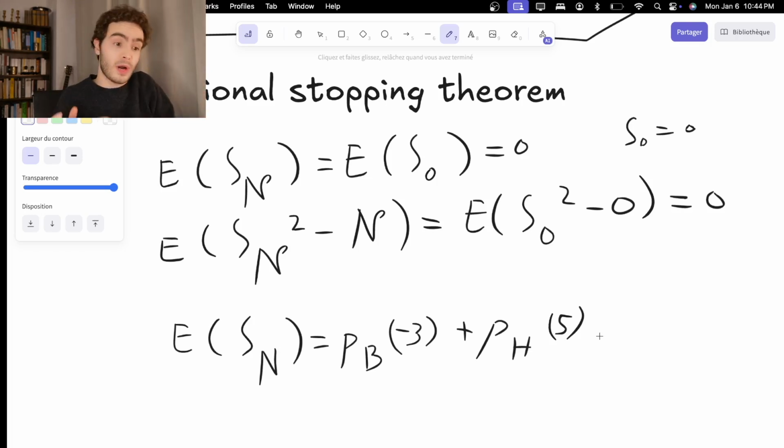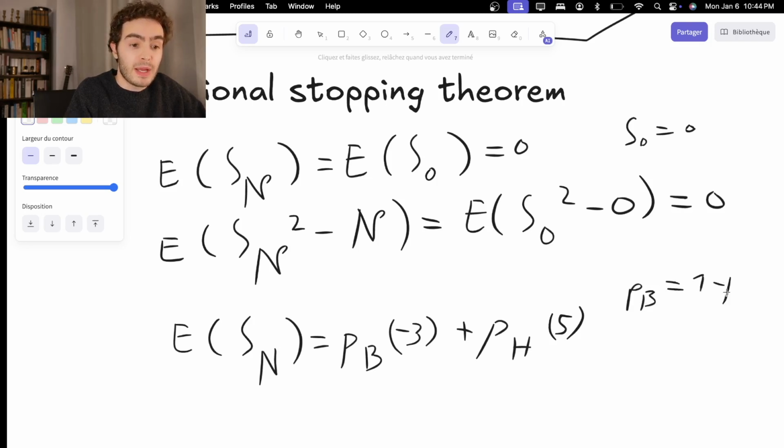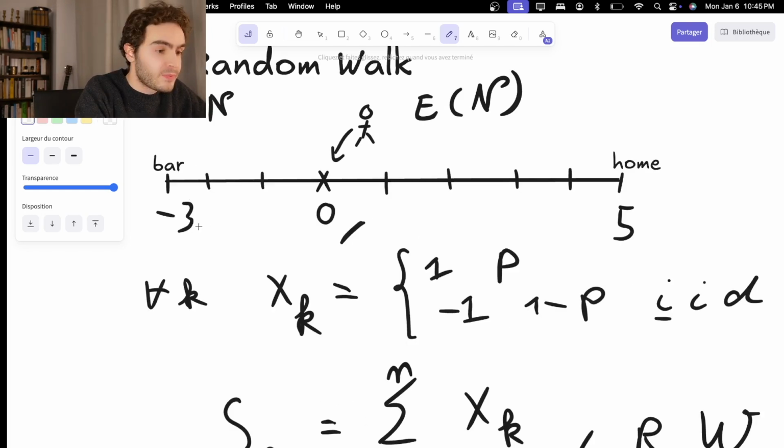And if you are at home, you can't be at the bar. Thus, we have P of reaching the bar, probability of reaching the bar, is equal to 1 minus P of H, which is probability of reaching home. And thanks to the first equation, this is equal to 0. As a reminder, the bar is at -3 and home at 5.